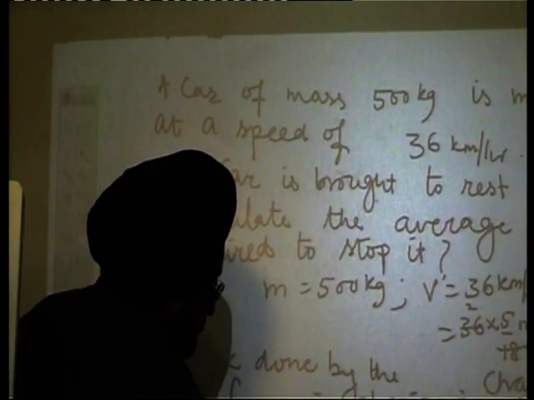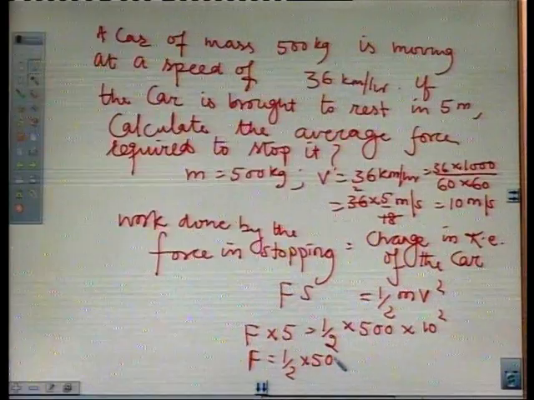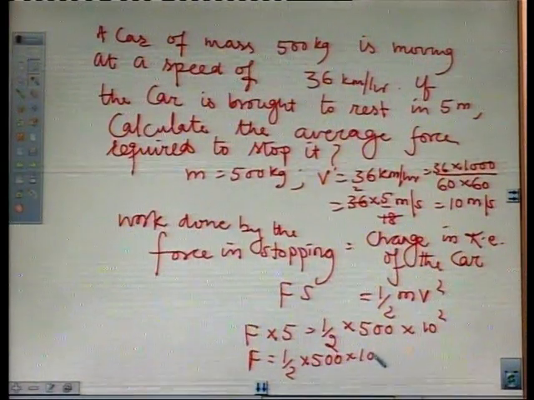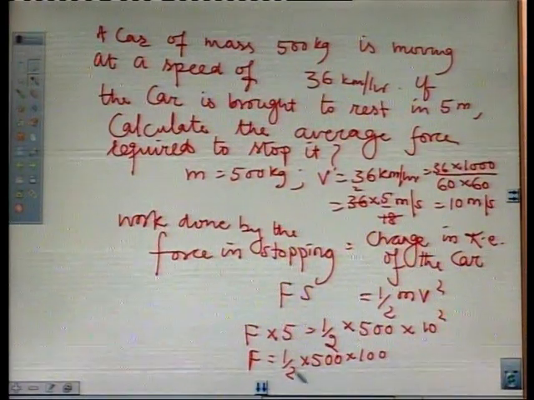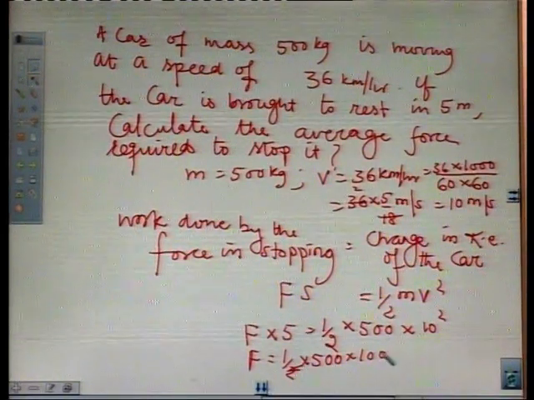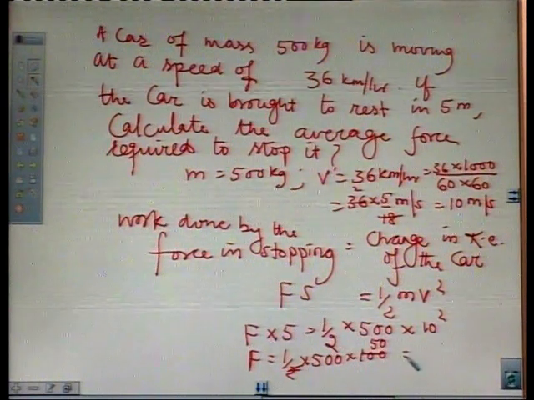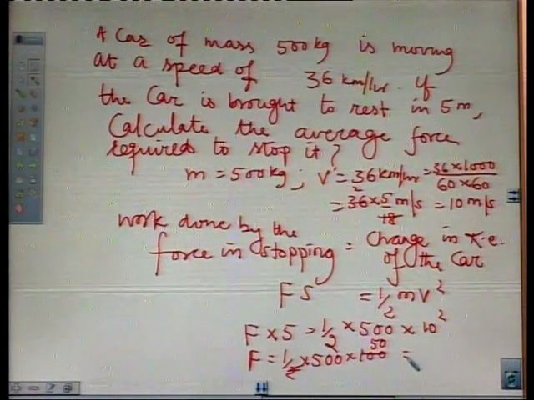You get F equal to half into 500, 10 square means 100, 250 into 100 divided by 5, that is 50 into 500, will give you the answer.